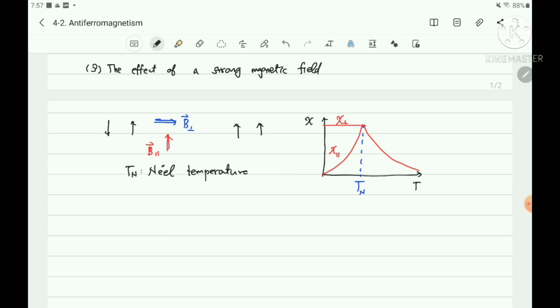For the antiparallel magnetic field direction, the antiparallel spin alignment does not affect the magnetic susceptibility, and that is why the magnetic susceptibility is constant.